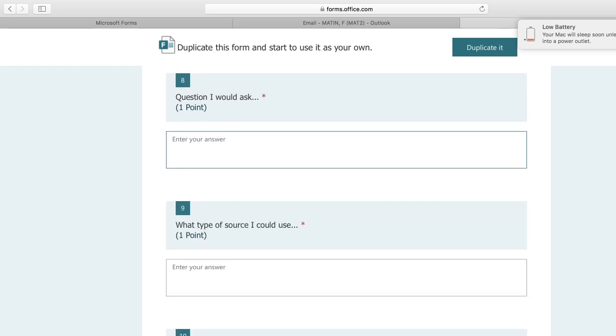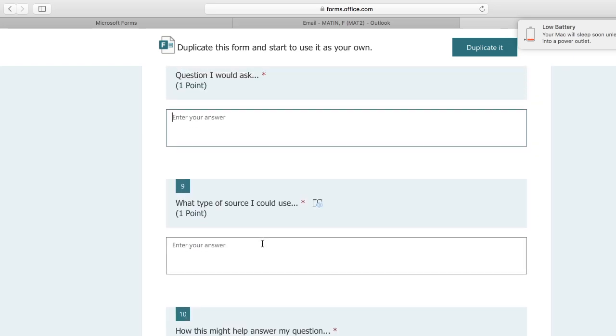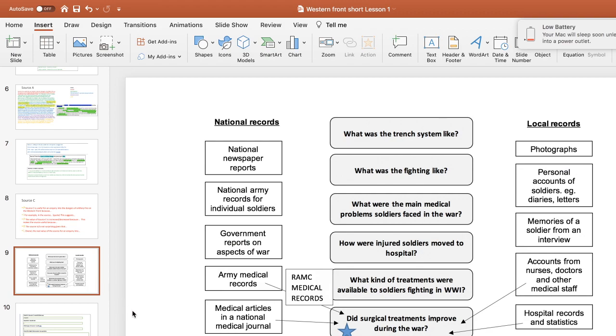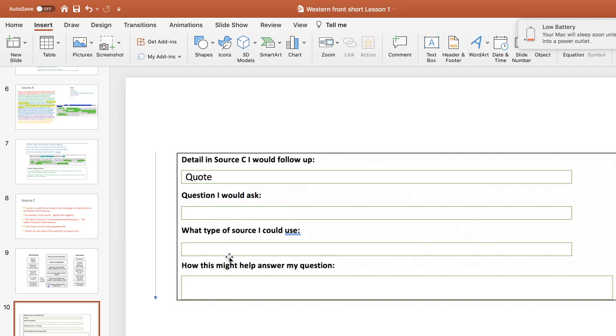Once you've done that, you need to think about what type of source you would use to help answer your question, so imagining you are an investigator. In this case, I have given you some examples: national records and local records, and you can think of more that may potentially help answer your question. Now it's going to be specific to you. And after you finish that, you need to make sure that lastly, you're explaining how your source is going to answer your question.